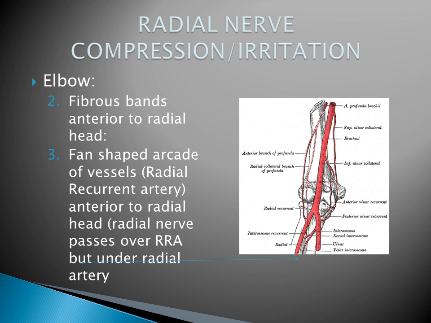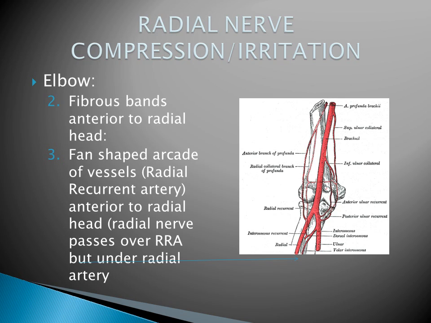And at this point, just slightly inferior to the radial head, the radial artery gives off a small branch known as the radial recurrent artery. What the radial recurrent artery does is it projects blood flow back up the humerus, and it anastomoses with other collateral and recurrent branches.